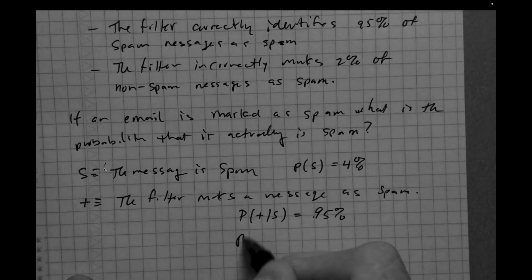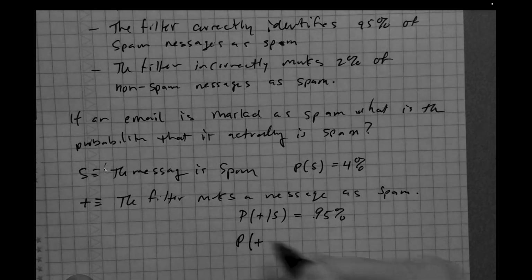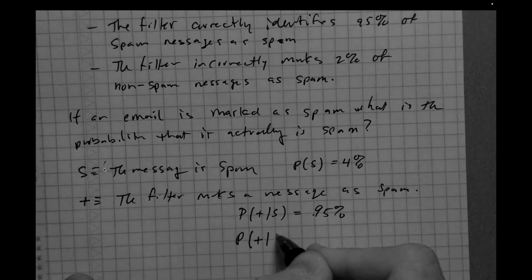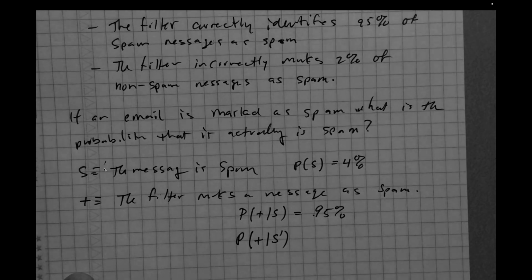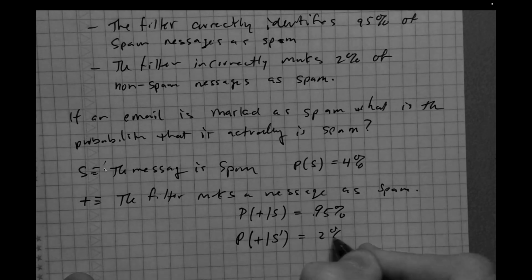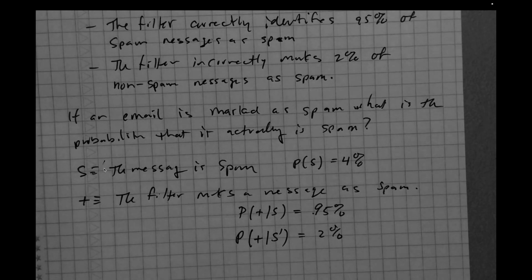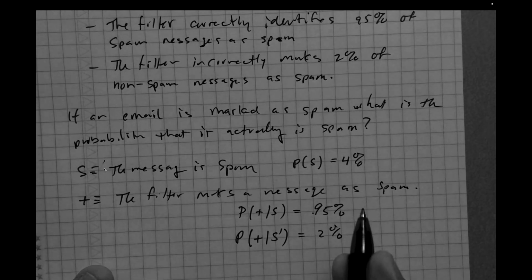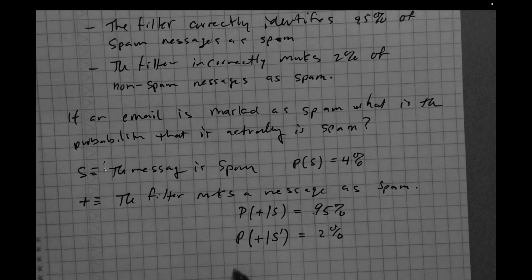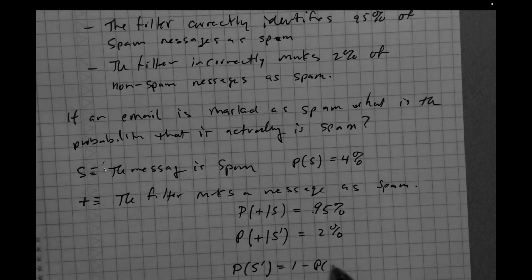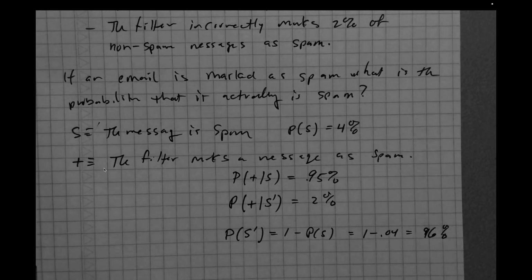We're also told the probability of the filter marking something as spam if it's a legitimate message is only 2%. And the probability of something not being spam is 1 minus 0.04, so 96%.